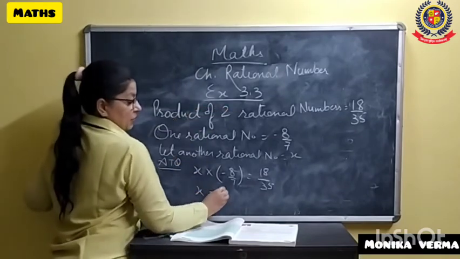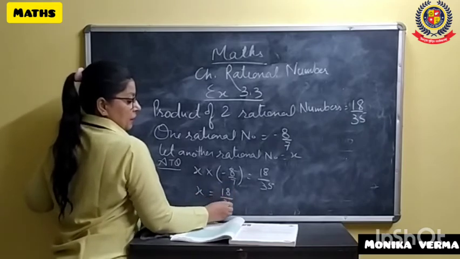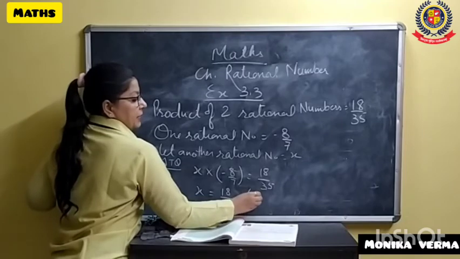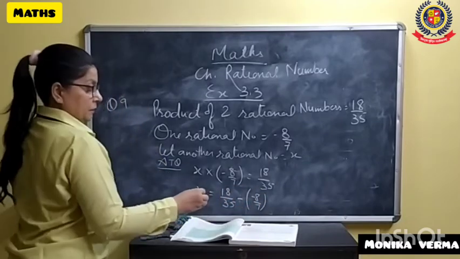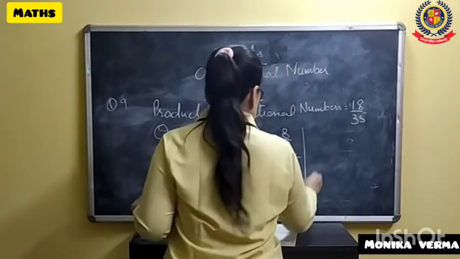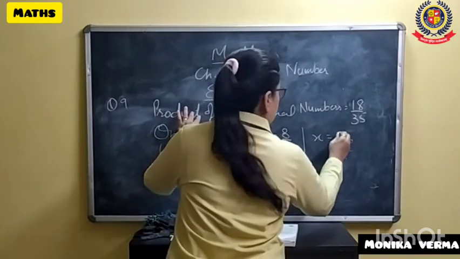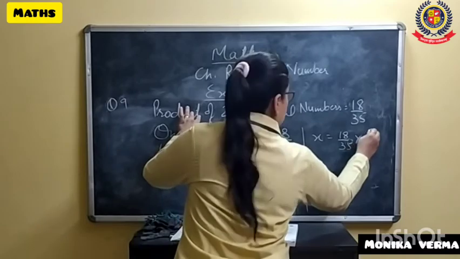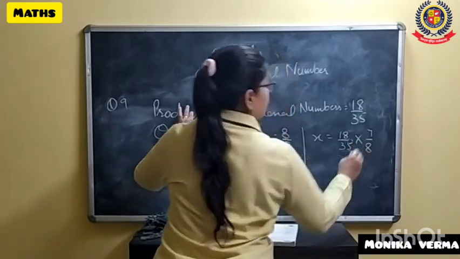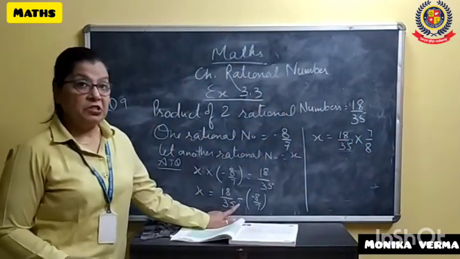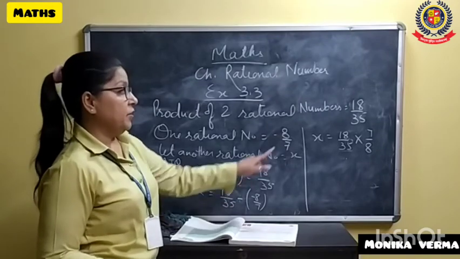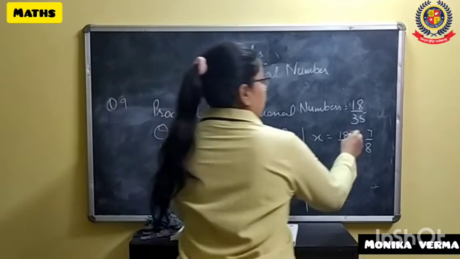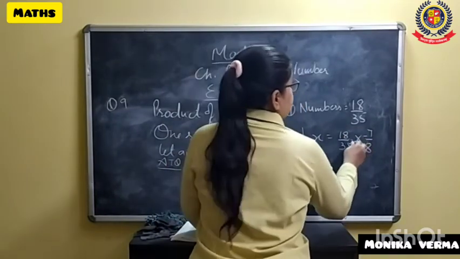It means x is equal to 18 upon 35 divided by minus 8 by 7. X is equal to 18 by 35 into 7 by 8. Because whenever we are having a division sign, we change the division into multiplication and 8 by 7 into reciprocal. Okay, the minus sign will remain as it is.